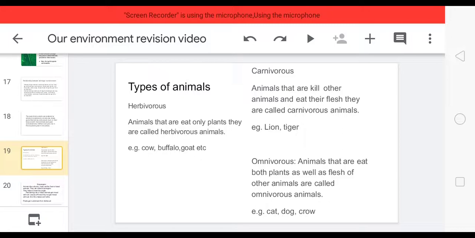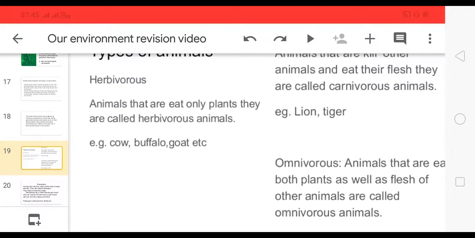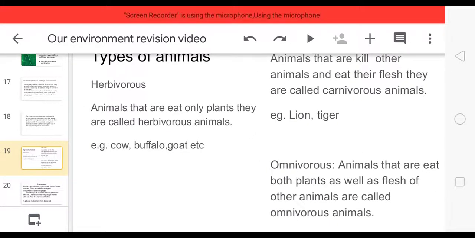Now let us learn about types of animals that we have completed. But as I told you, this is a revision video, so we will revise all these things. Types of animals. Herbivorous. See children, animals that eat only plants, they are called herbivorous animals.